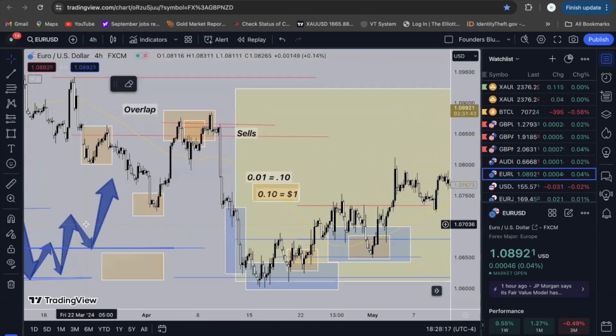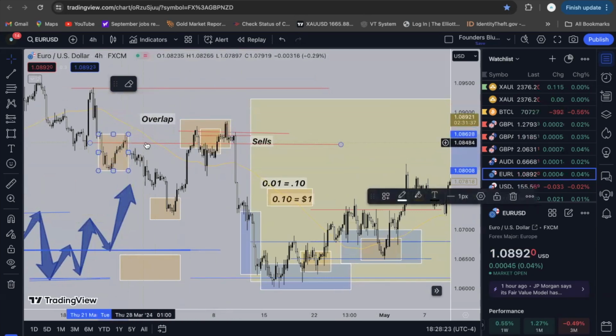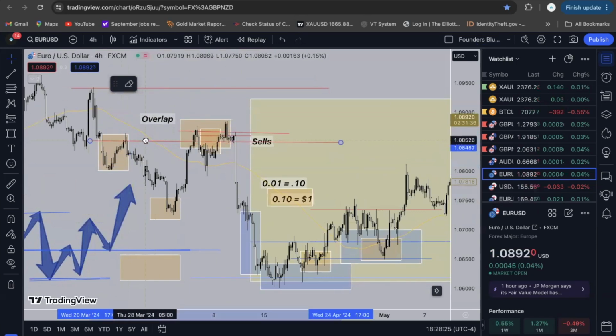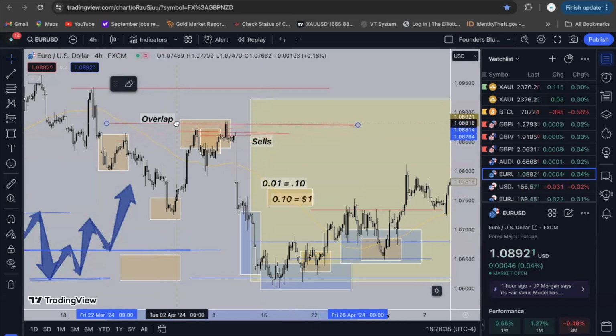So we get an overlap. Let's say this is up right here. You sold from, let's say, 1.08526. That was your entry for sells. And the market went against you, let's say all the way to 1.08816.